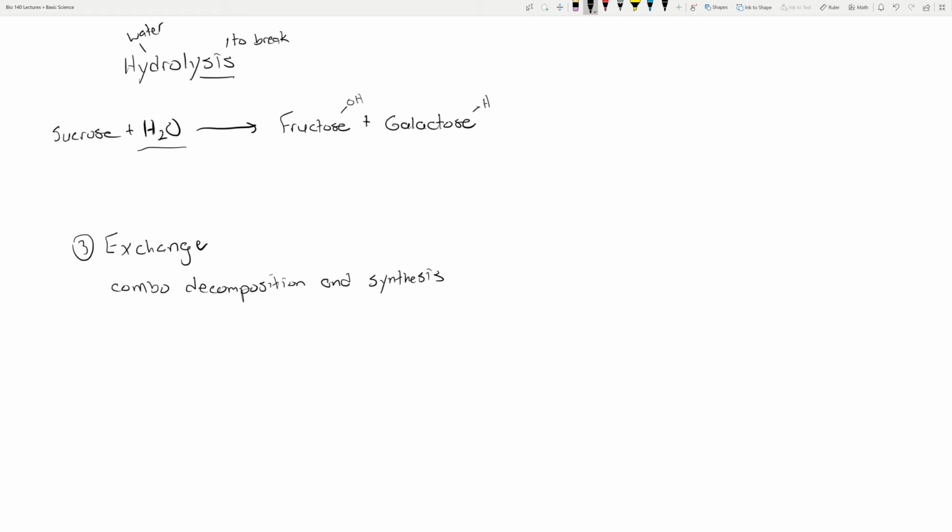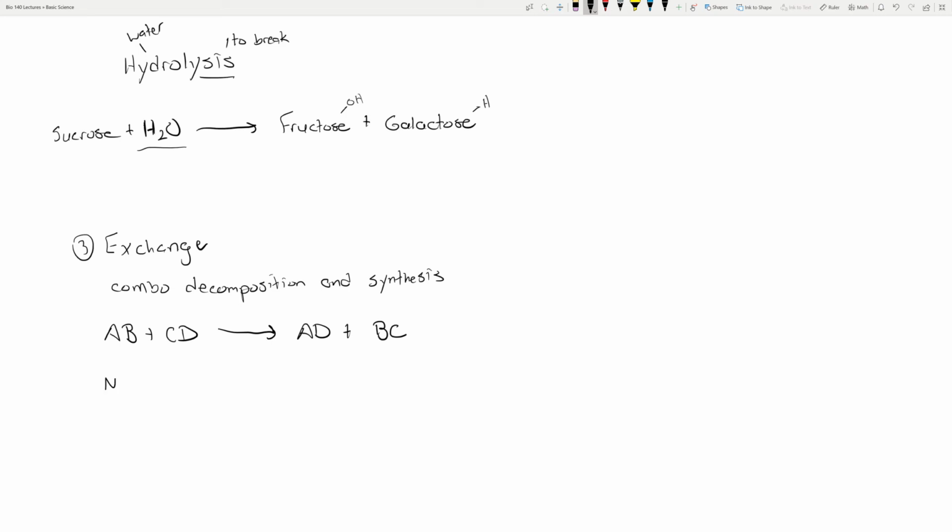The generic form would be AB plus CD, and through the chemical reaction, I'm going to make AD plus BC. So what I've done is I've just rearranged the molecules a little bit. An example of this would be a nice acid-base reaction.